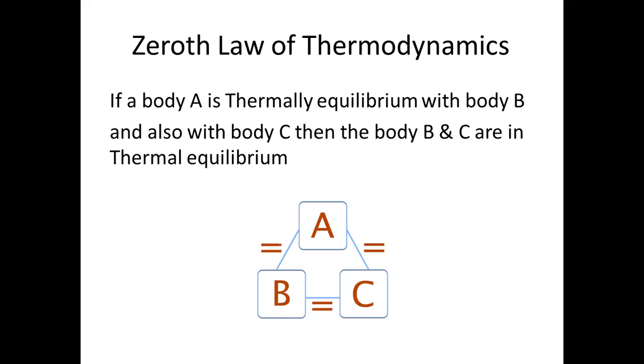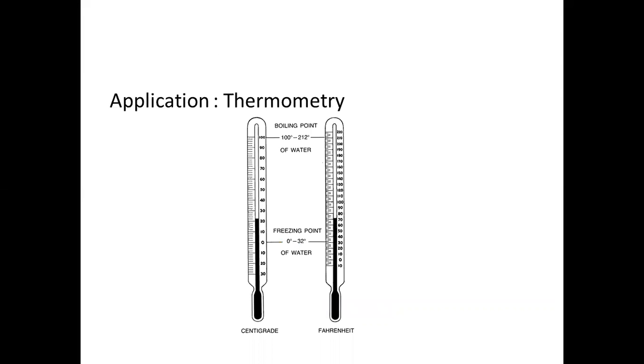The application of the zeroth law of thermodynamics is thermometry, which deals with the measurement of temperature. All thermometers come under thermometry, which uses the zeroth law for their application. For example, take a mercury glass thermometer, where mercury is in a glass bulb, and when it is kept in a hot body, the heat will be transferred to the mercury so that it starts expanding.